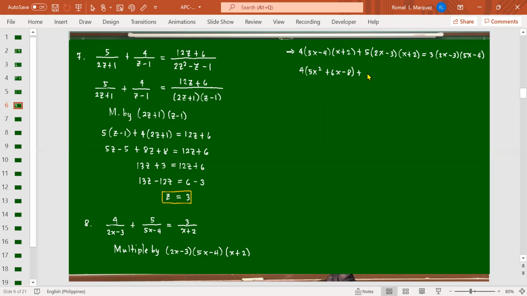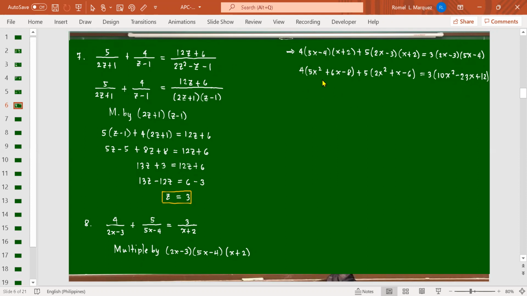This second group, we have 5 times 2x squared, negative 3x, positive 4x, that is positive x, then minus 6. On the right side, we have 3 times, that is 10x squared, negative 15, negative 8, negative 23x, and then plus 12. Okay, guys? Is that right? Negative 15, negative 8, negative 23.